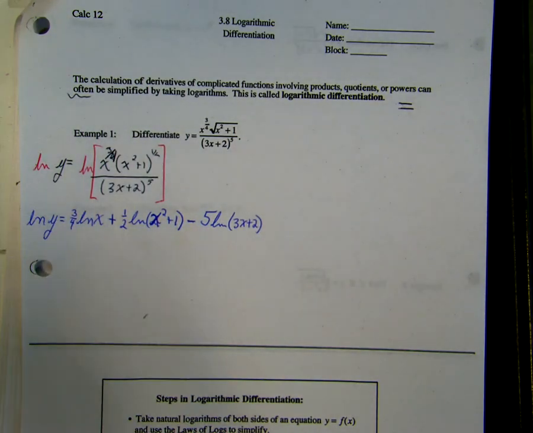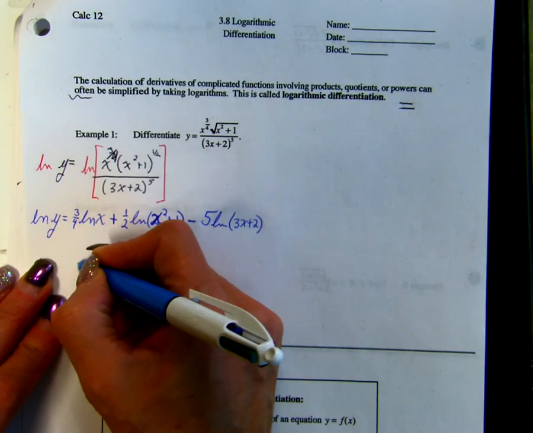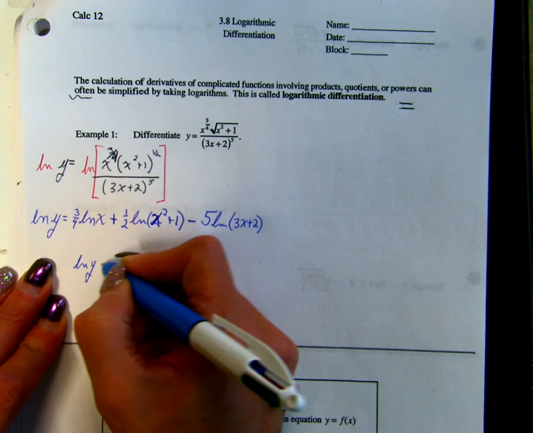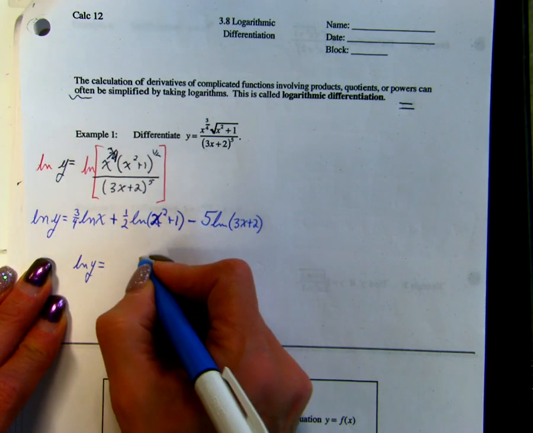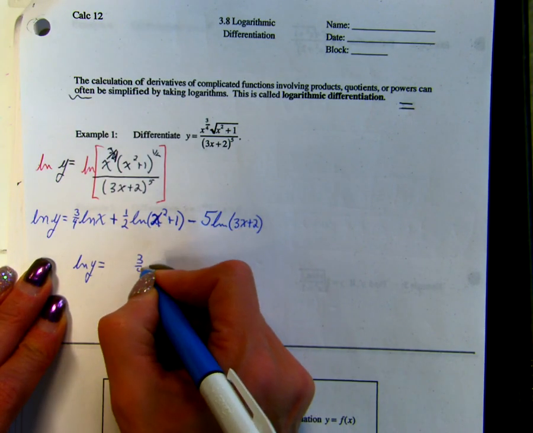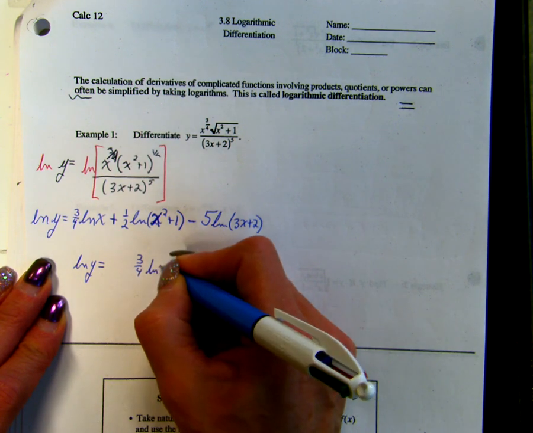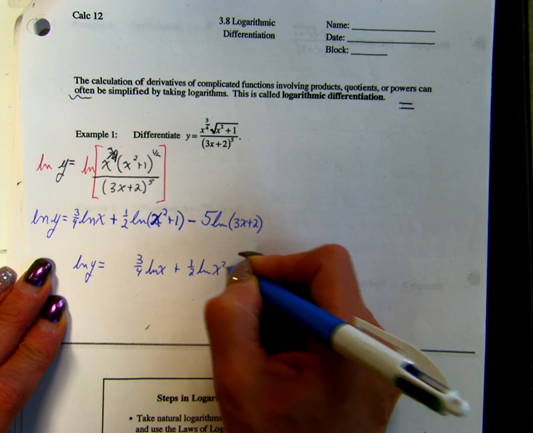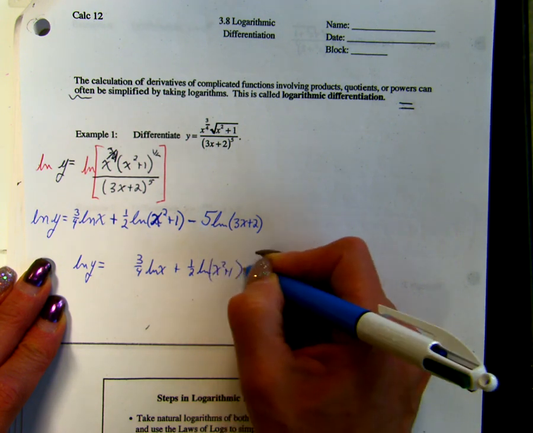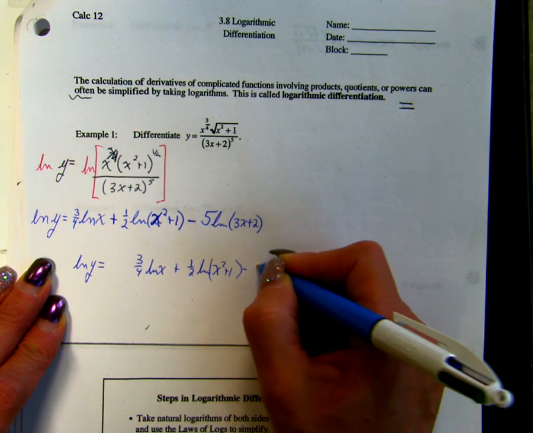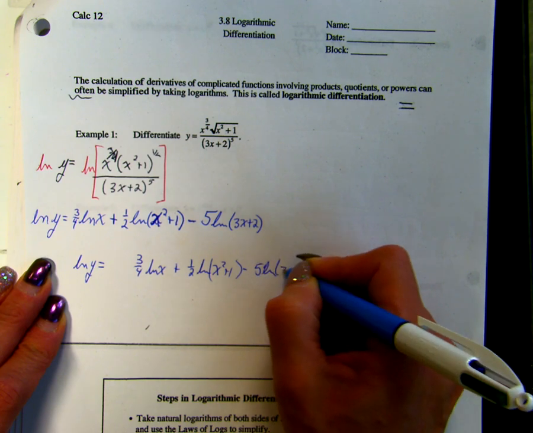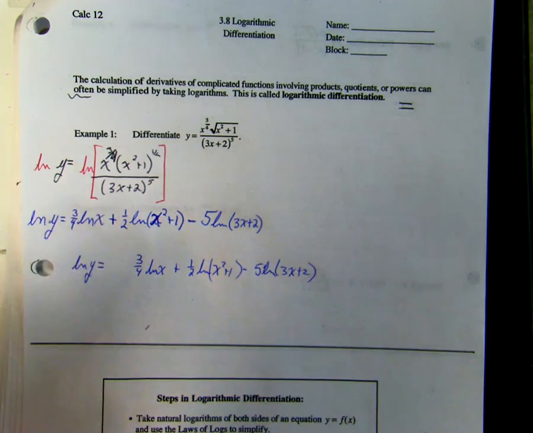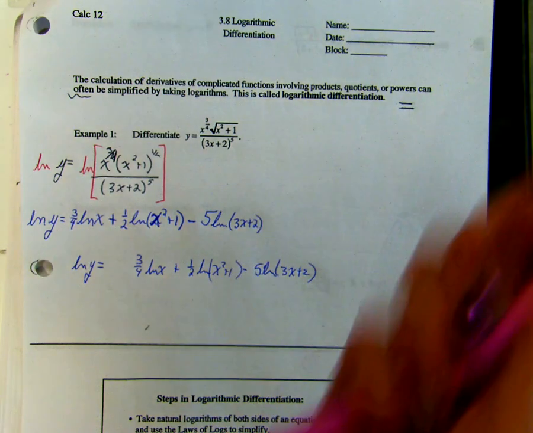Now I'm going to do the same thing to both sides of the equal sign. I've got ln y is equal to 3/4 ln x plus 1/2 ln of x squared plus 1, subtract 5 ln of 3x plus 2. What am I going to do to both sides?